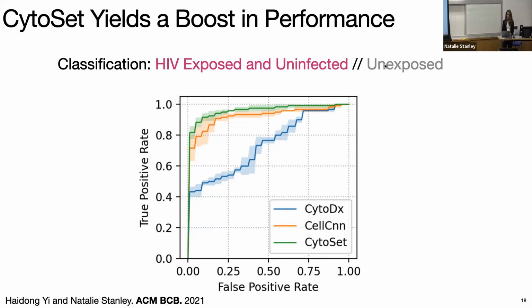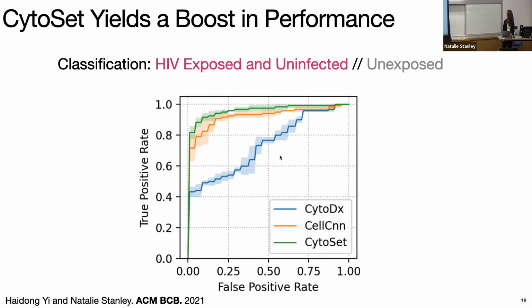And some of these other ones like cell CNN, this is another approach where, again, you drop the samples in and you learn an arbitrary representation of them. That one is doing pretty well, but we're just a little bit better. And I think the scalability of our method was also a bit better, which is not shown here.